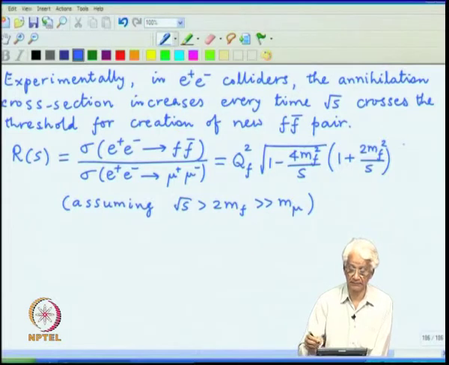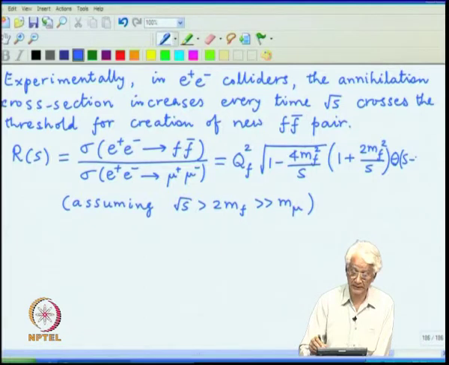Below that energy the particle cannot be produced in terms of this pair creation process, and that can be explicitly included by putting a step function.